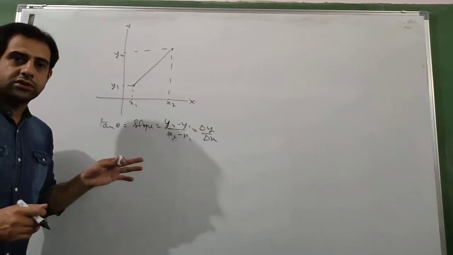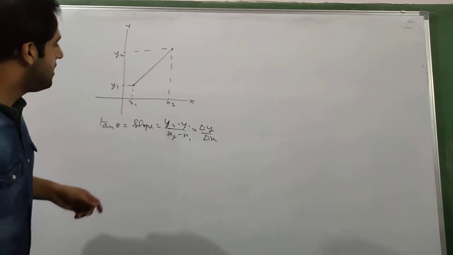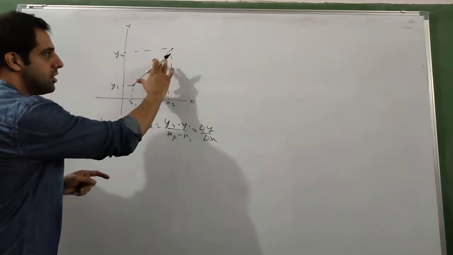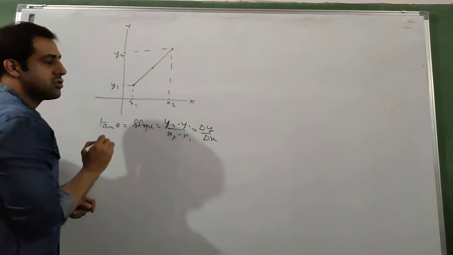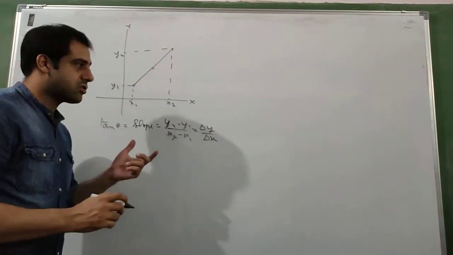Then we introduced the concept of differentiation. We said that if we bring these two points x1 and x2 closer together, so close that they are almost one point, then we can apply a concept which is called limit.